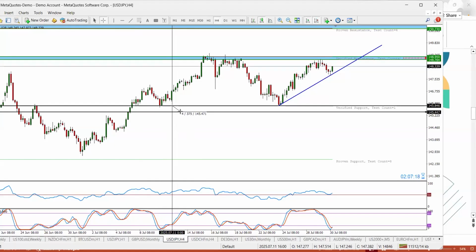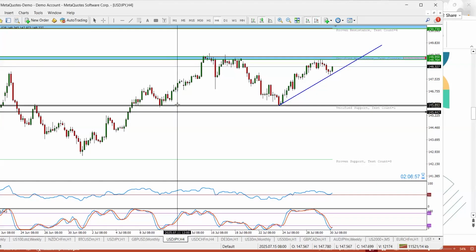So let us assume 37 pips is $37, right? So your stop loss is at $37, and your take profit is where? $288. This is 288.1. We are trading currency, so if you divide it by 10, that is $288.